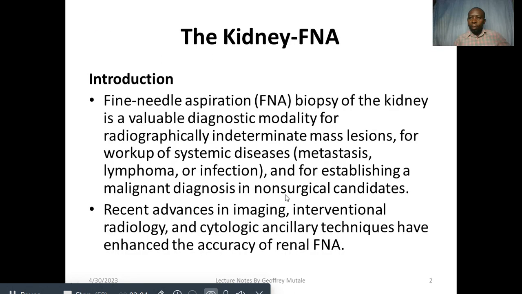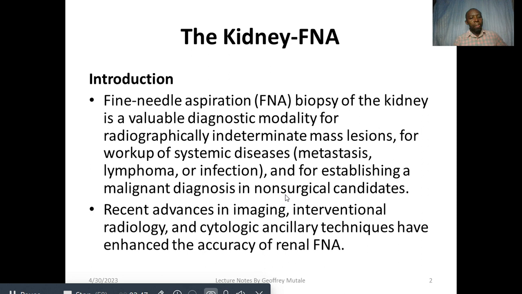So for introduction, let's look first at the kidney FNA. Fine needle aspiration biopsy for the kidney is a valuable diagnostic modality for radiographically indeterminate mass lesions, for workup of systemic diseases like metastatic disease, lymphoma or infections, and it is also very important for establishing a malignant diagnosis in non-surgical candidates.